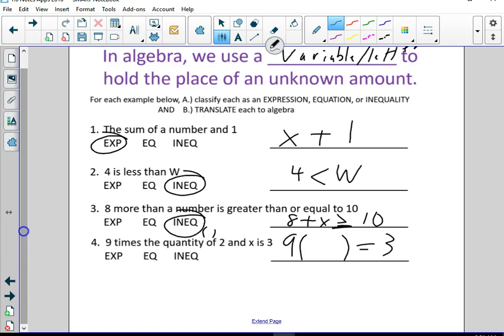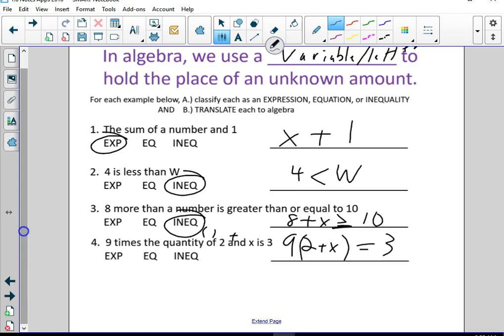It's actually poorly written. 2 and X doesn't really tell me what's happening in there. I could understand if you translated that as 2 times X. But generally, when you see this, it's going to be 2 plus X. It should be better written.